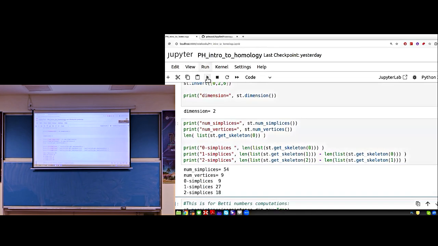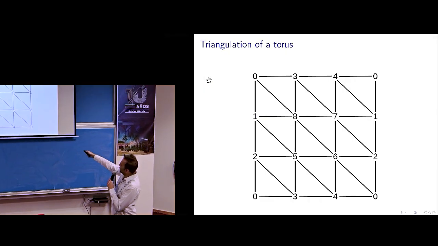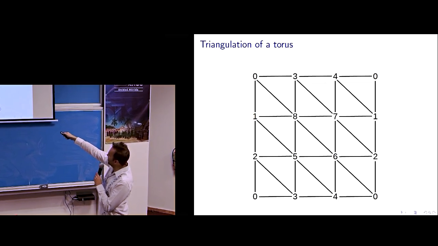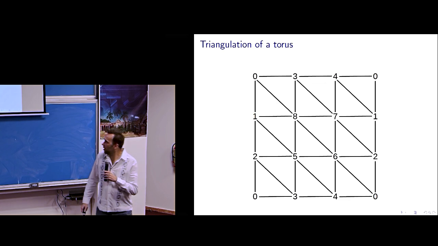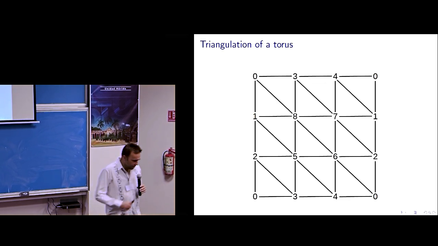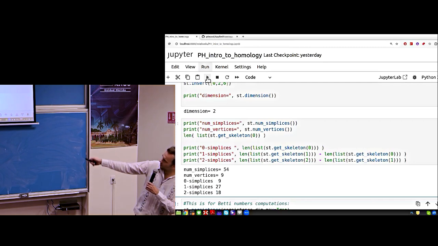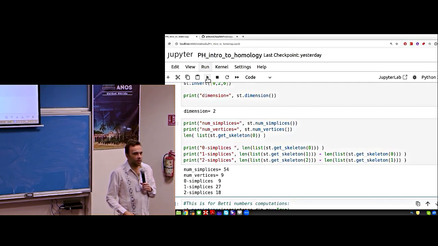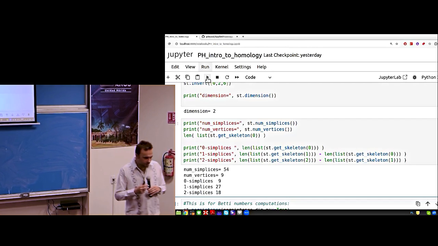We can take a look at the number of simplices, and indeed we have 9 0-simplices, which are, we need to count the vertices over here because they are being repeated over there. So indeed there are 9 vertices. There are 9 times 2, which I think is 18 faces, and this is what we see over there. And you can do the math and calculate the edges. But I can tell you there are 27.